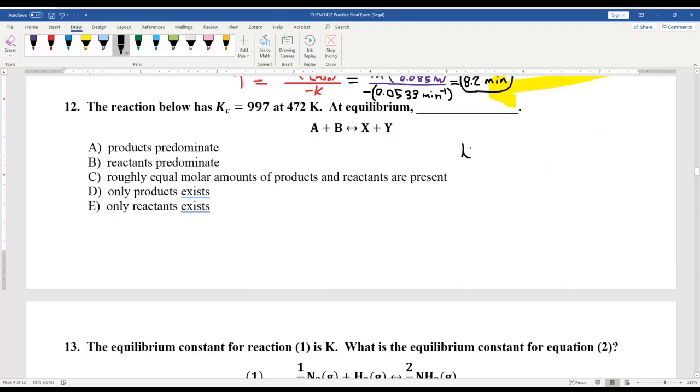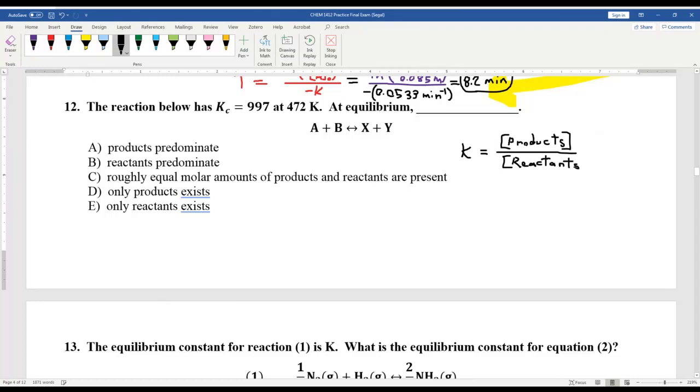So if you understand that equilibrium is effectively the concentration of products raised to the power of their stoichiometric coefficient, of course, but generally speaking, it's the concentration of products times one another divided by the concentration of reactants times one another.